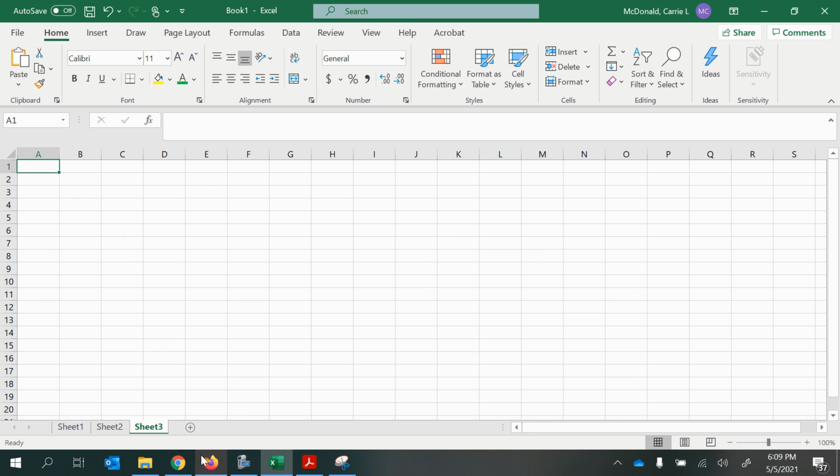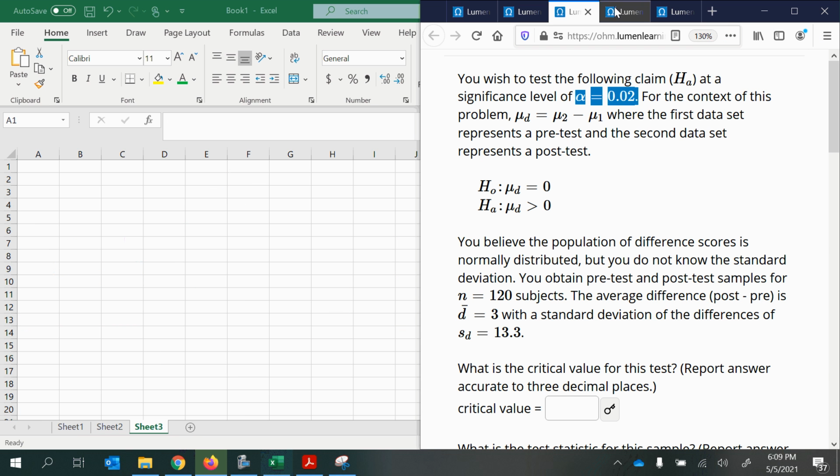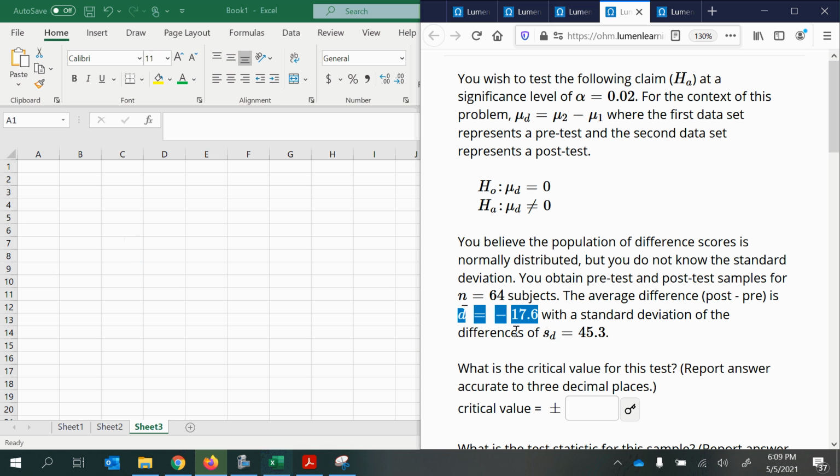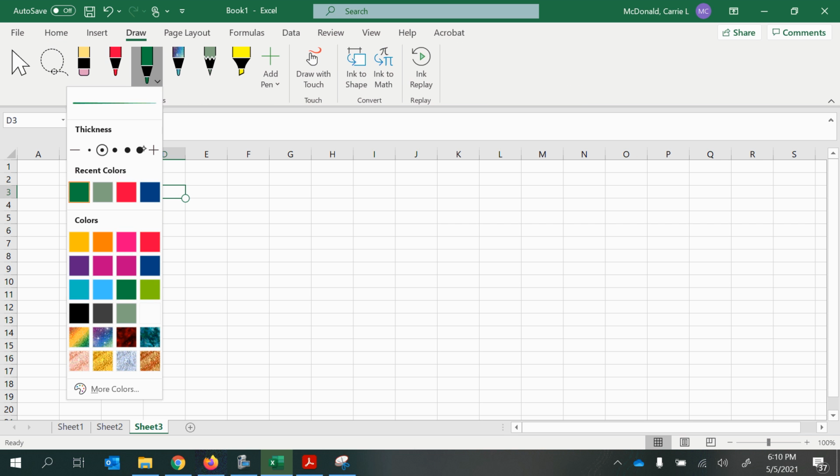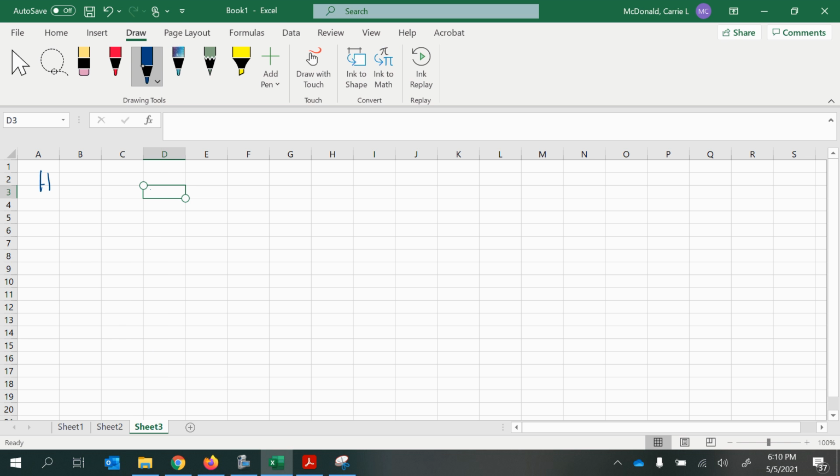Let's also look at a two-tailed test. All right, and so again, we see that the claim is in the alternative hypothesis. Let's go ahead and draw this out. So the null hypothesis is that the mean of the differences is equal to 0.